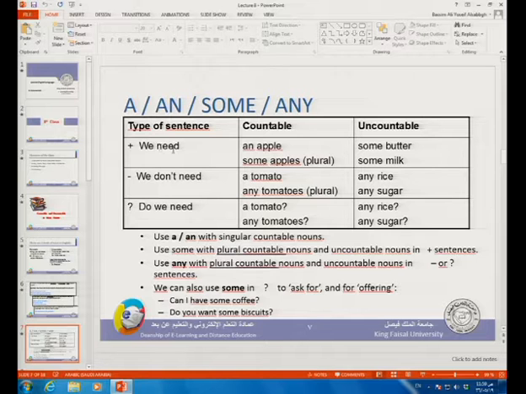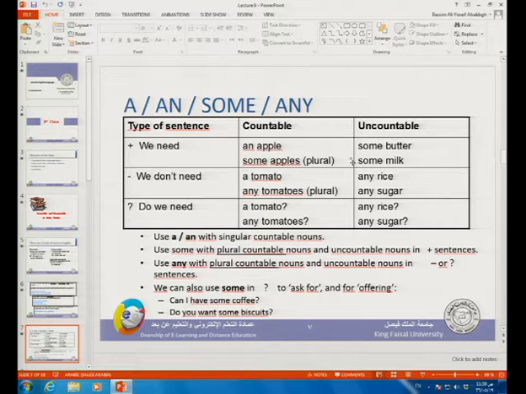The minus means negative: we don't need. The question mark refers to a question: do you need? All right? So when the sentence is affirmative, we use an apple or some apples. We need an apple. We need some apples, plural. We need some butter.